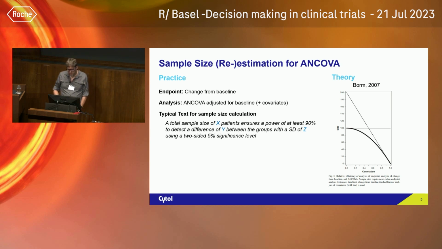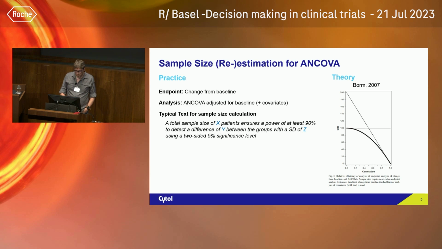And when you use an ANCOVA, then you have the best of the two worlds. Then this is adjusted for, and you always have a lower necessary sample size. And only when you have a correlation of about 0.8, 0.9 between baseline and at-visit value, then ANCOVA and the analysis of change from baseline need approximately the same sample size.